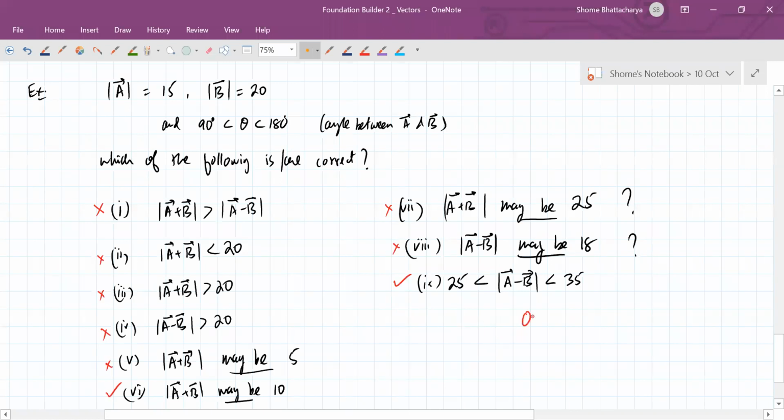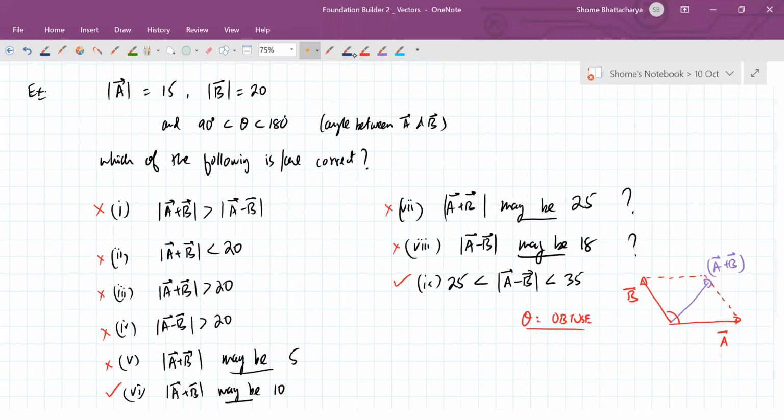So theta is obtuse. Okay, so basically your parallelogram is looking like this. So straight away you can understand that A plus B will become the shorter diagonal and A minus B will become the longer diagonal.